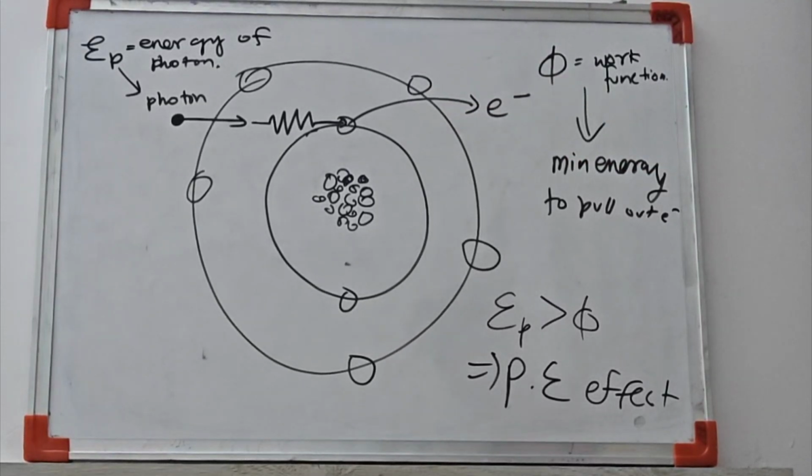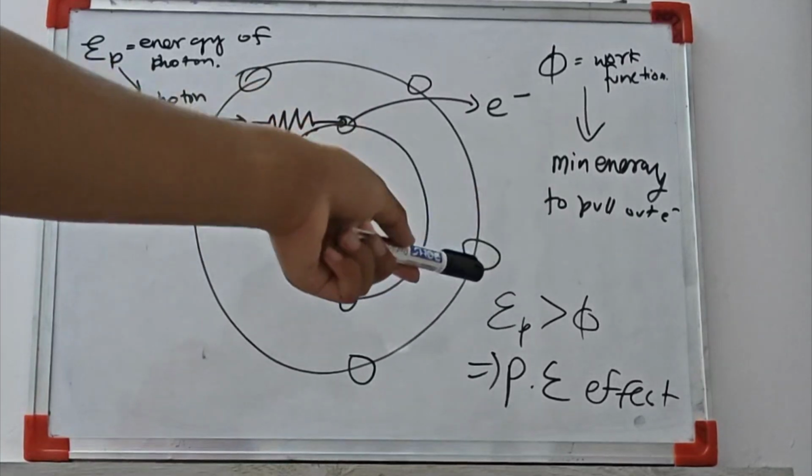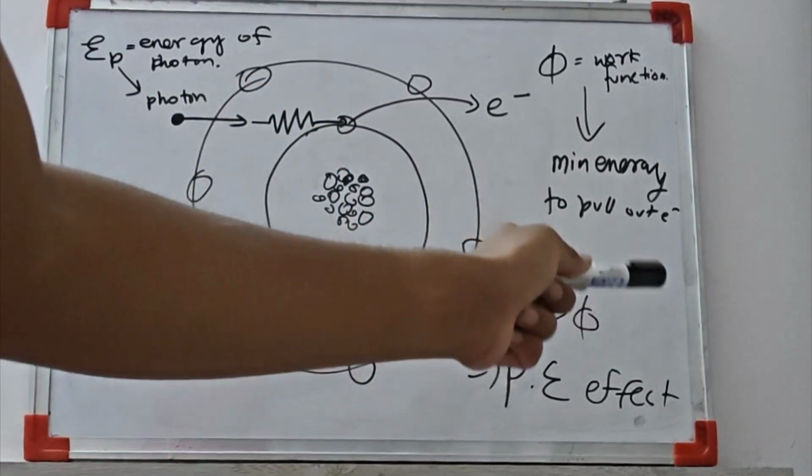You have to give it some minimum energy to pull it out. If you give less energy than that, it won't come off the atom. The electron will stay as is. But if you give more energy than the work function, the electron will eject out of the atom. So we need it to be ejected out, so we give more energy. When the energy of the photon is more than the work function, we can see that the photoelectric effect is taking place.